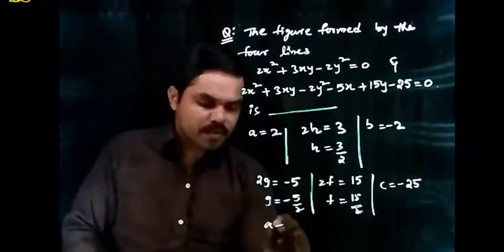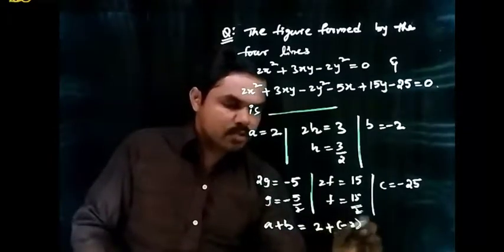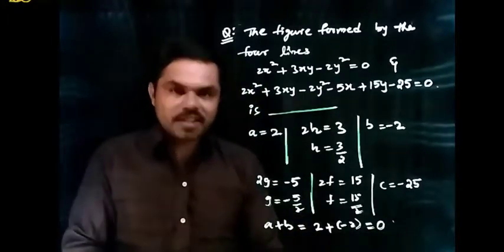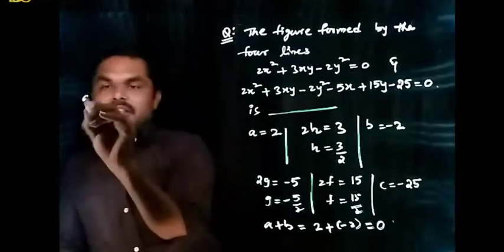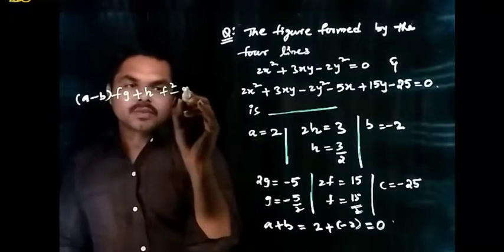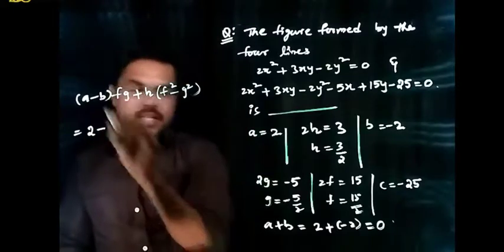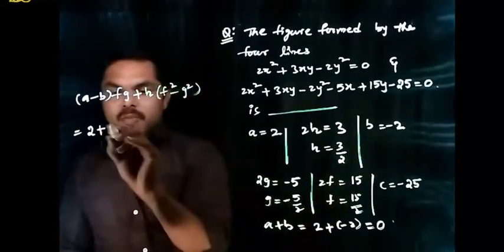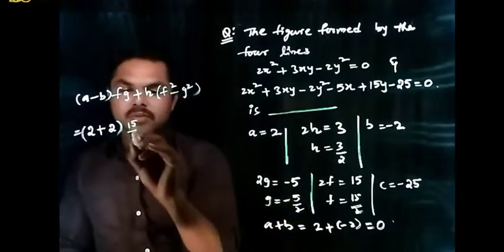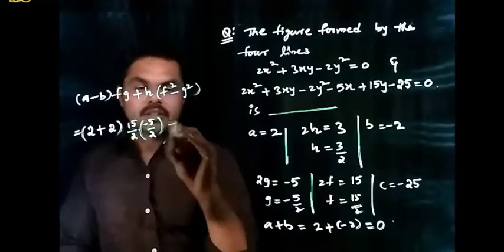So these are the data. First find the a plus b value. What is a plus b? The a value is 2 plus the b value is minus 2, that is equal to 0. So when a plus b equal to 0, this question belongs to case 2. Now come to find the a minus b into fg plus h into f square minus g square value. a minus b: the a value is 2 minus the b value is minus 2. So minus of minus plus 2 into fg. What is the f value? 15 by 2 into g, that is minus 5 by 2, plus h.